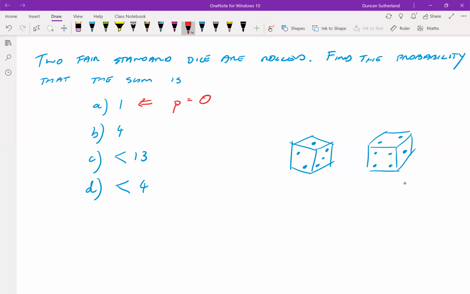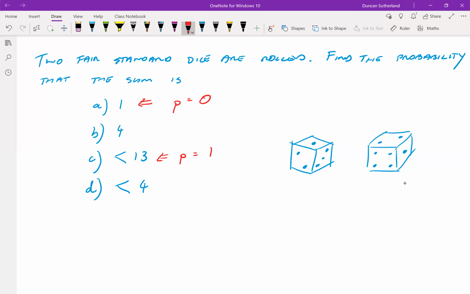So we're always going to get less than 13, right? So this is going to occur with certainty, with probability 1. So this will always occur, and the sum equals 1 will never occur. All right.